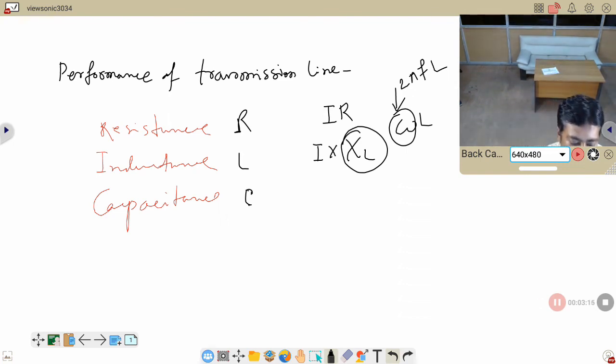Similarly, there is a capacitive drop, which is I multiplied by XC, the capacitive reactance.